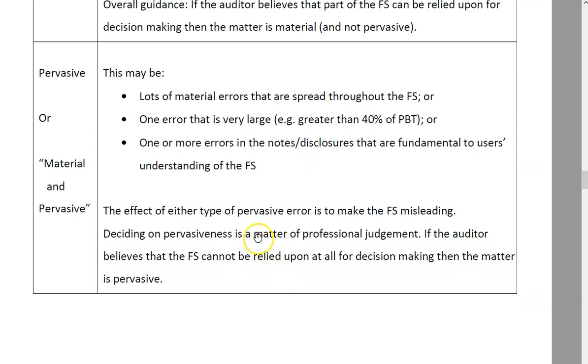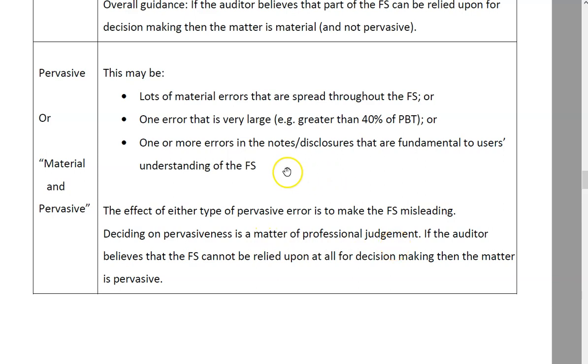So there are the examples, and then the effect of the pervasive error is to make the financial statements as a whole misleading. So you can't rely on any of them. And then really it's a matter of professional judgment and experience. So it can be difficult for you to determine it.